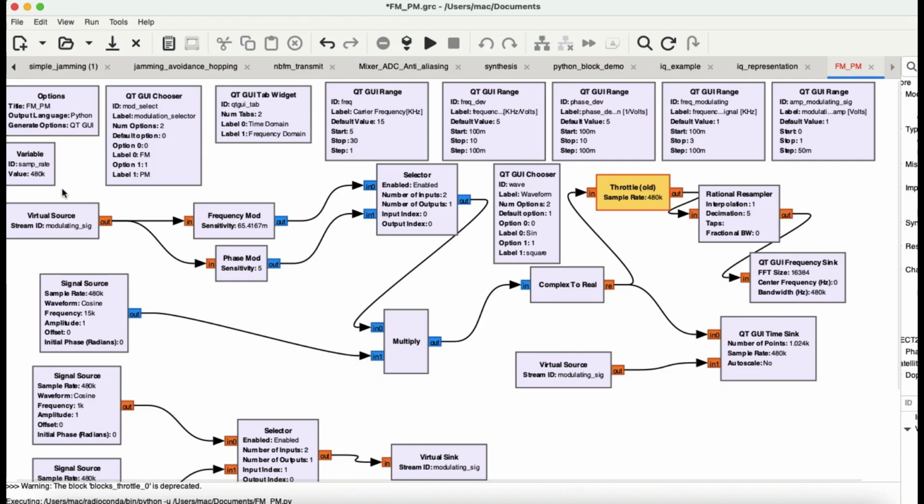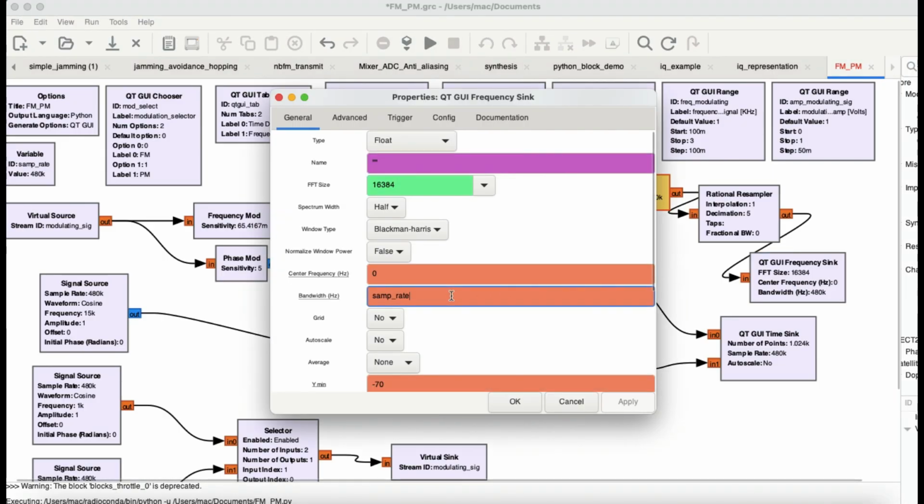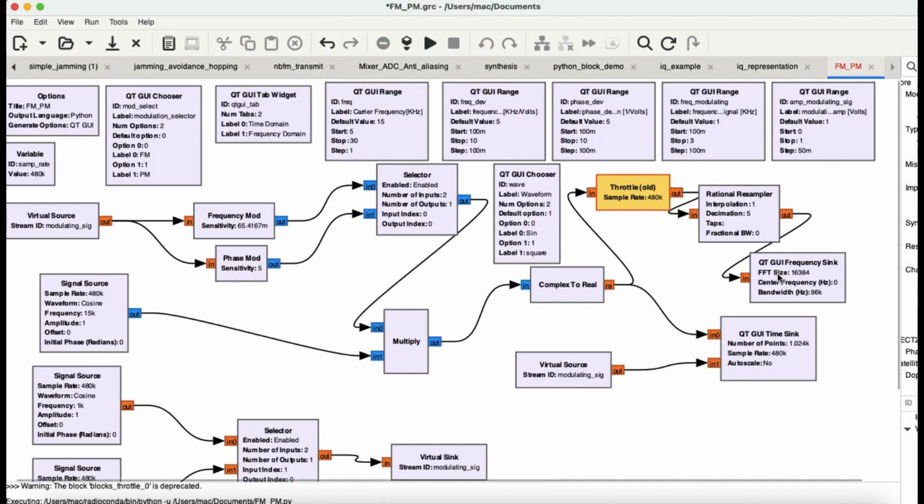So 480 kilohertz divided by 5 gives me 96 kilohertz, because it's decimated. Whatever the sample rate is, it is now decimated to that value, so this is the new sample rate at 96 kilohertz. Why? Because the decimation factor is 5, and this is going into a QT GUI sink.